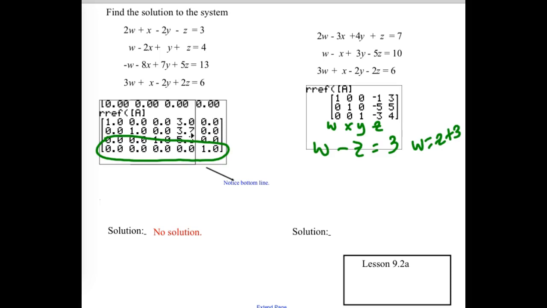Second row says I have an X minus 5Z, and I should equal a 5. So I can add the 5Z over, so X is 5Z plus 5. And then my third row says I have a Y minus 3Z equaling 4. So adding the 3Z over, Y equals 3Z plus 4. And Z can be anything. Okay?